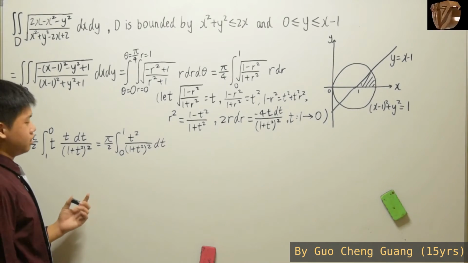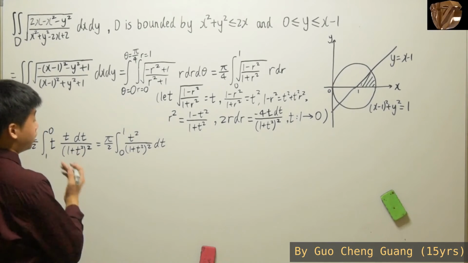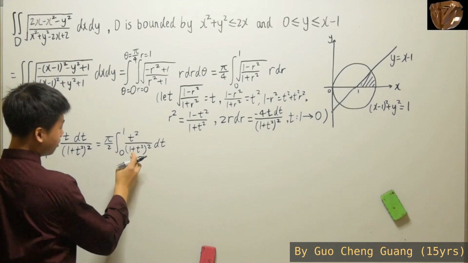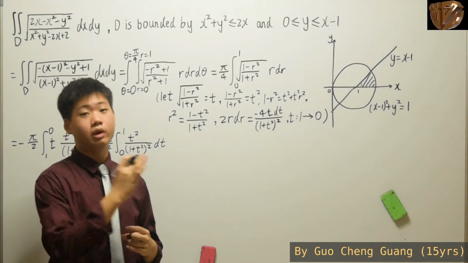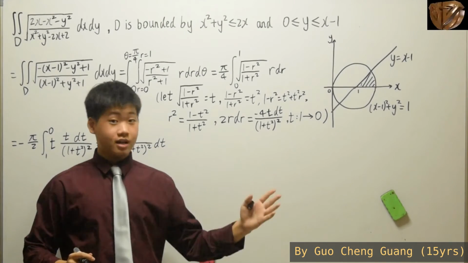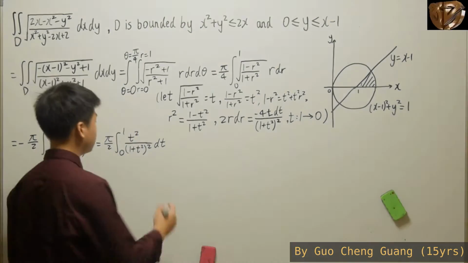Wouldn't really want to do that, would you? So, in this case, if you have learned about trigonometry, you would quickly realize that there is a 1 plus t squared. And what is a thing that can use 1 plus something squared to become another thing? That would be your tangent. Alright? So, tangent.